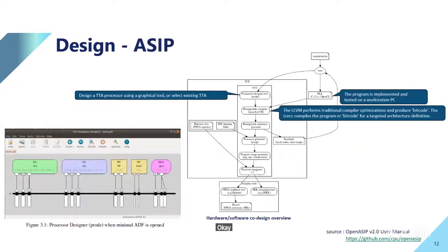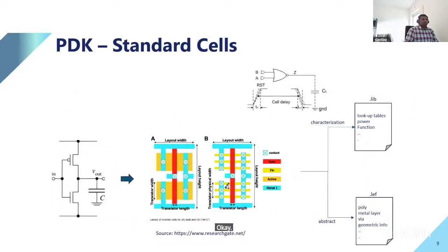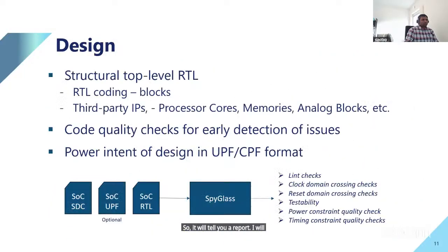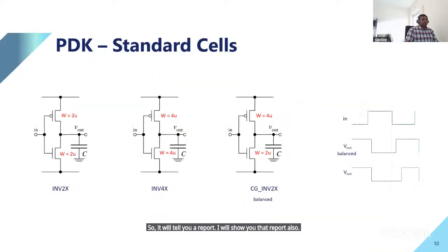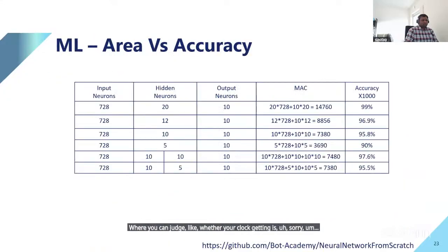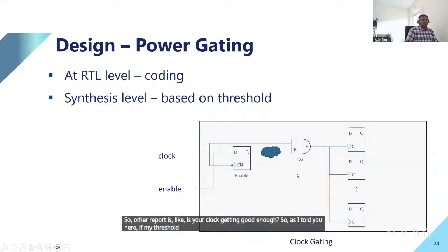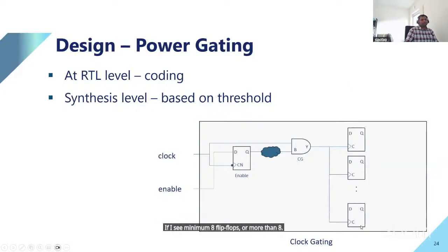The other area is how good your clock gating is. The tool will give you a report where you can judge whether your clock gating is good enough. As I told you, if my threshold is 8, it will insert a clock gate only if I see a minimum of 8 or more flip-flops where I can insert a clock gate and turn off the clock when these flops are idle.